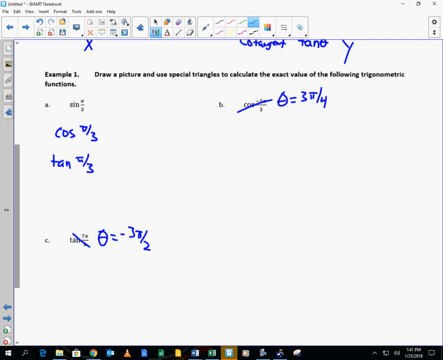Okay. So this has an exact value, sine of pi over 3. And I'm going to calculate it by drawing a circle. Pi over 3 is how many degrees? 60? Yep, so that's something you need to know.